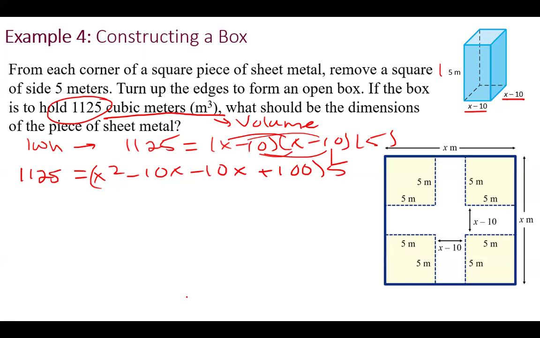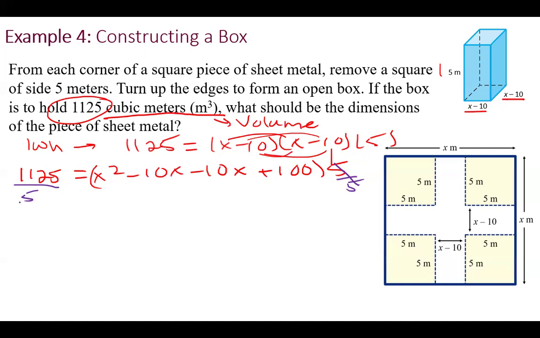Still with me? All right, so we can clean up the inside here. What combines? The negative 10s. We also, if we don't want to have a large number, instead of multiplying everything by 5, we can divide everything by 5 and reduce our number sizes. So instead of us multiplying and making super large numbers, we can divide by 5 because the opposite of multiplication is what? Division. All right, let's try our shortcut division.